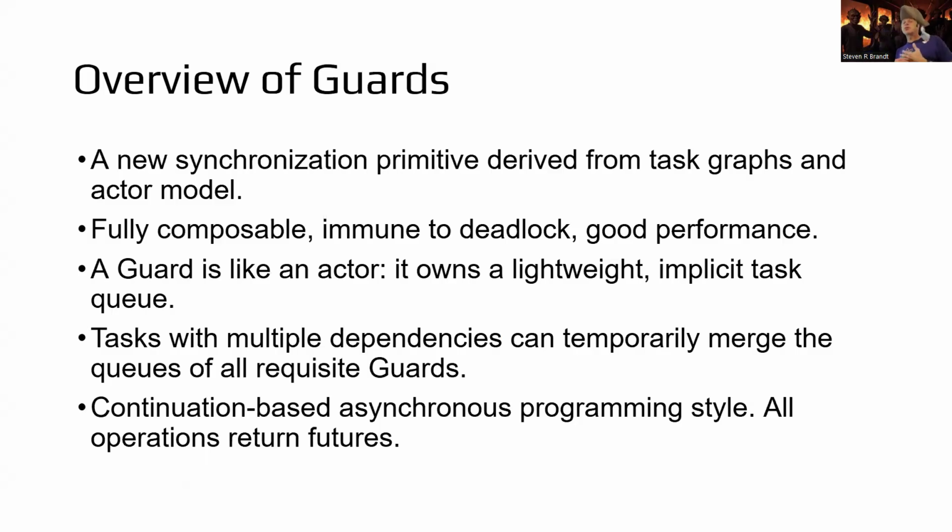And there's a continuation-based asynchronous programming style for everything that you do here, which you can view as both a plus and a minus, because it's hard to do, as you've seen. When we converted Fibonacci to the asynchronous form, it was great. We got something that worked well in our task queues, and it didn't block, and we could scale it up as big as we wanted, but you had to start to think a little differently in order to program it.